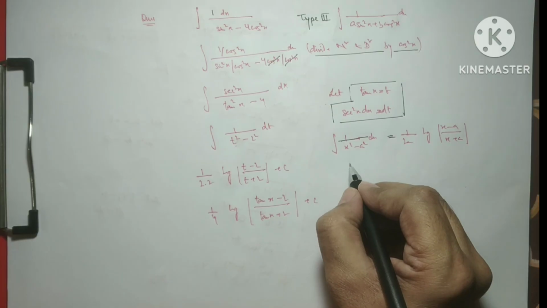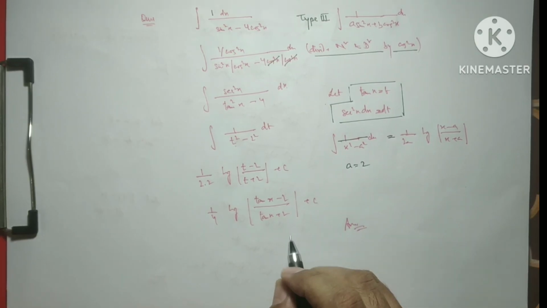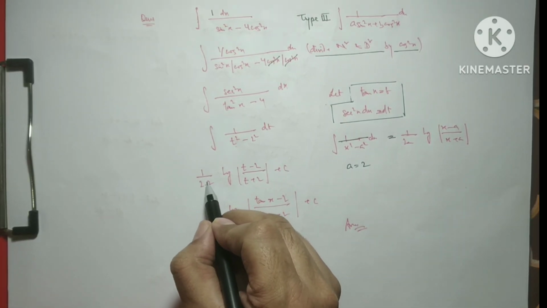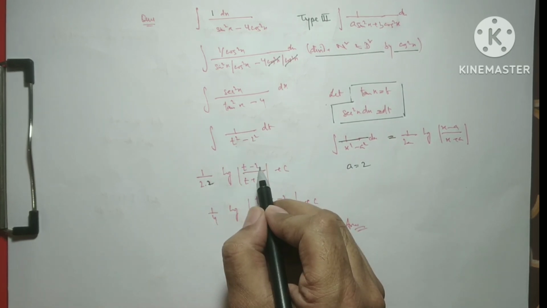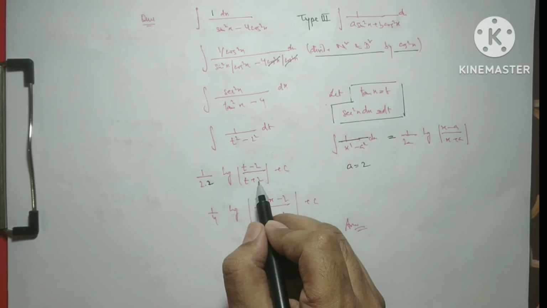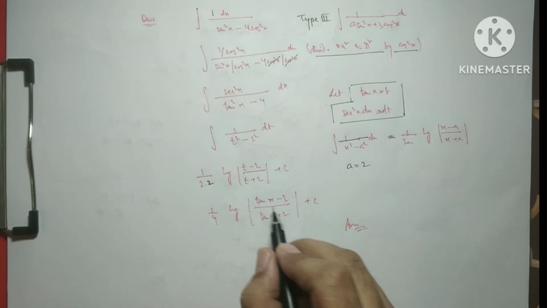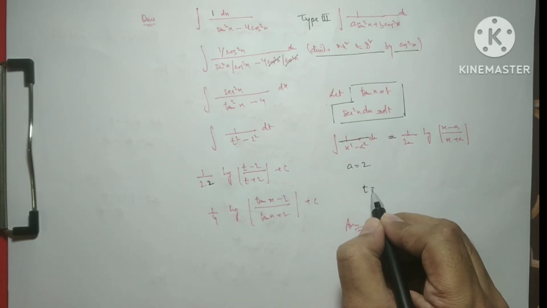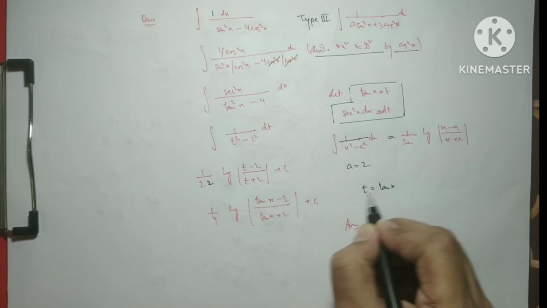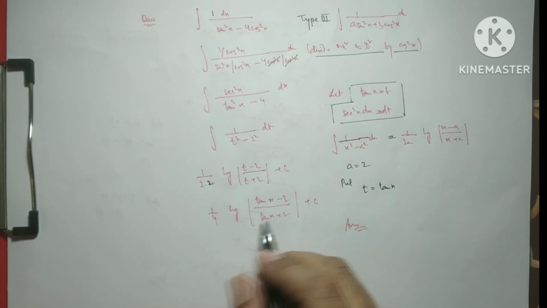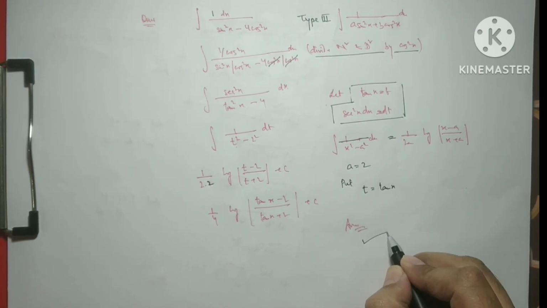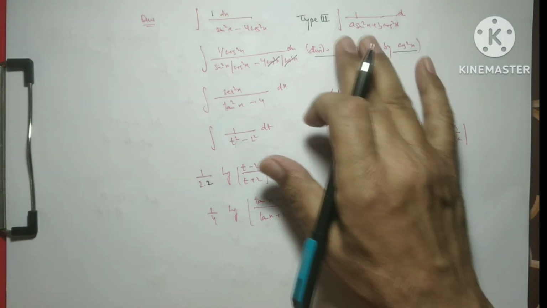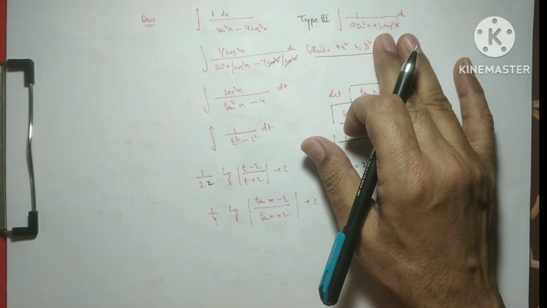Here a is 2. So it is 1 over 2a, and log of t minus 2 over t plus 2. Now we can put t as tan x. So we get 1 by 4 log of tan x minus 2 over tan x plus 2. So this is the answer of type 3 trigonometric special integral.